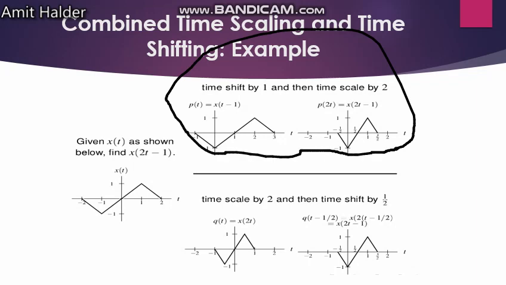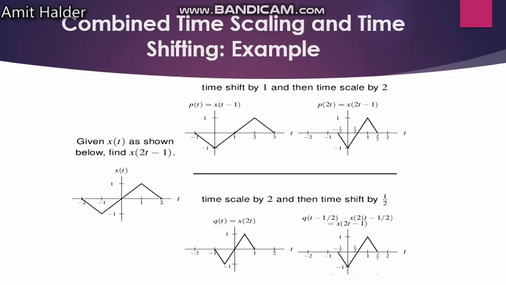Below this, they scale first, that means they compress, then they shift it by half. If you ask why it is half, that is because you have to prove it to be 2t minus 1. So just follow this, that is pretty much easier. First shift, then scale, and you can get your results clearly.